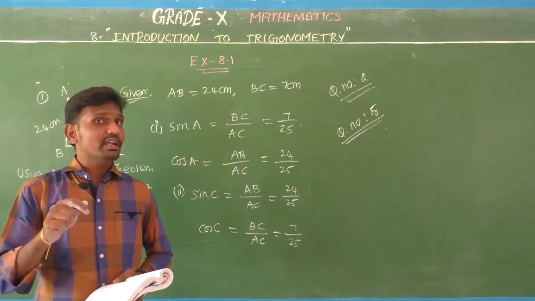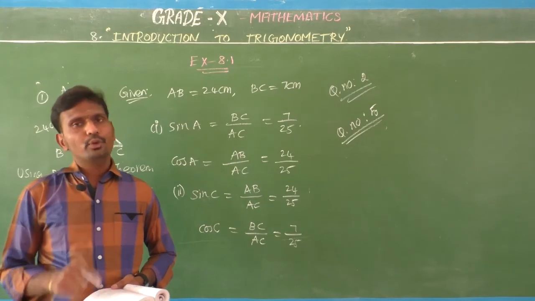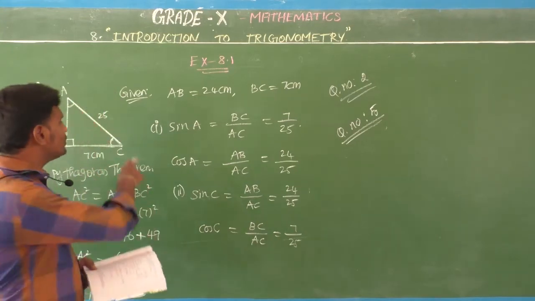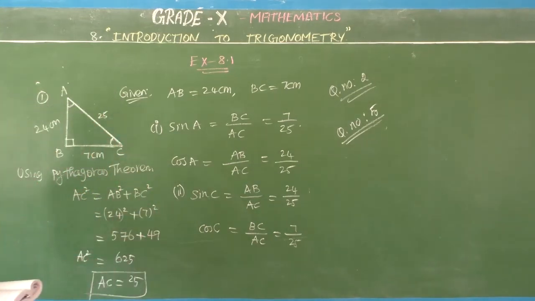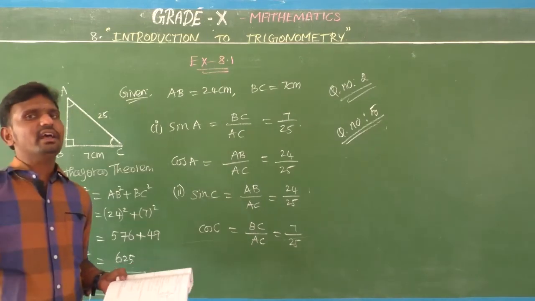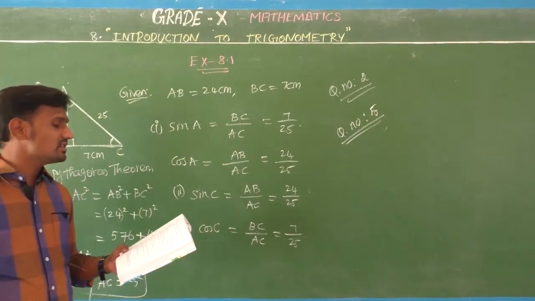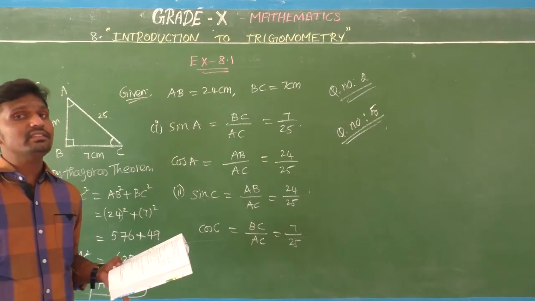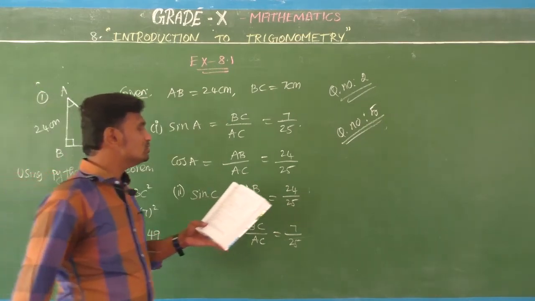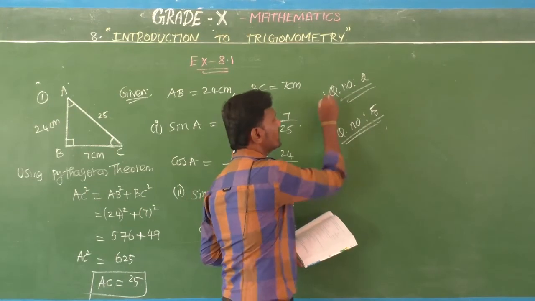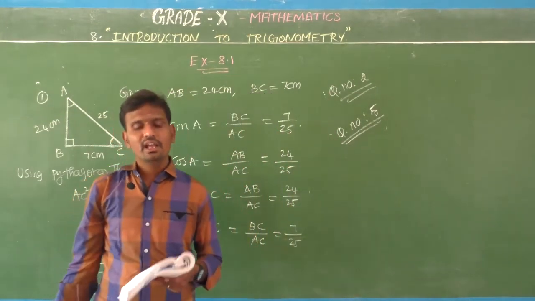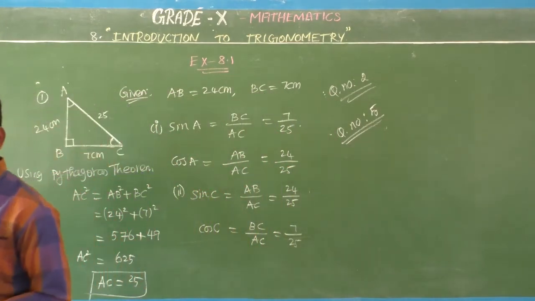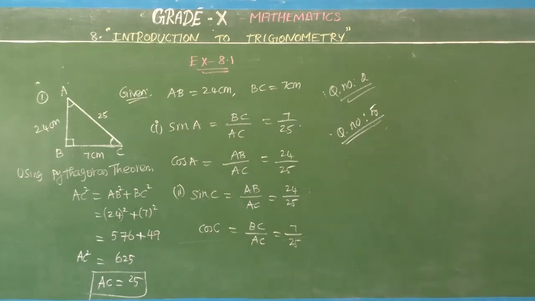So we find the opposite side using the Pythagoras theorem in the triangle, and then find the other trigonometric ratios: sin theta, cos theta, tan theta, cosecant theta, then cot theta. These 2 questions are your homework.